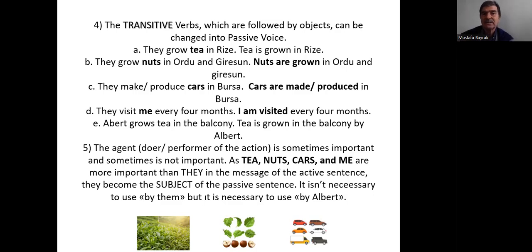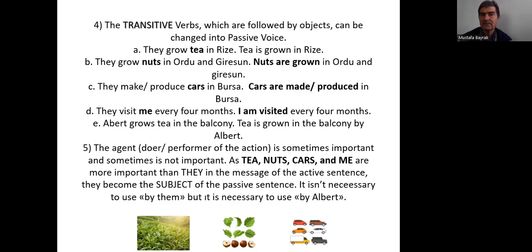D, they visit me. They subject, me is object. They visit me every 4 months. So I am visited every 4 months. Yes, we will study this passive voice in detail in the following pages of this presentation.